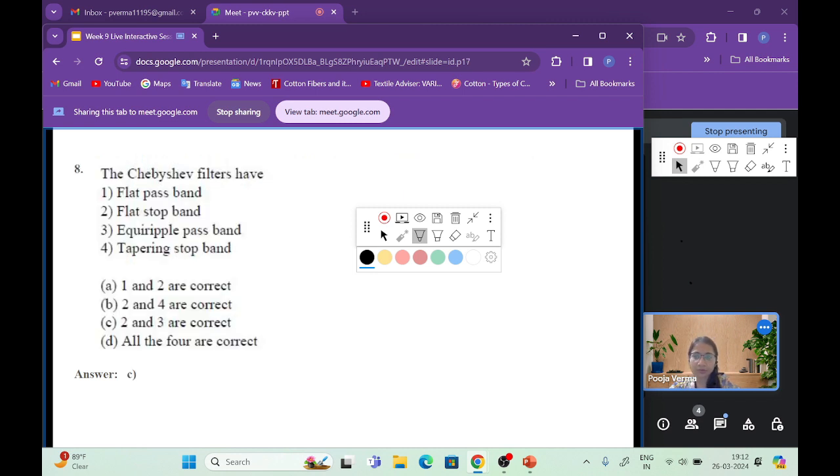Okay. So the next question is, the Chebyshev filters have: option 1, flat pass band; option 2, flat stop band; option 3, equiripple pass band; and option 4, tapering stop band. There are two types of Chebyshev filter.